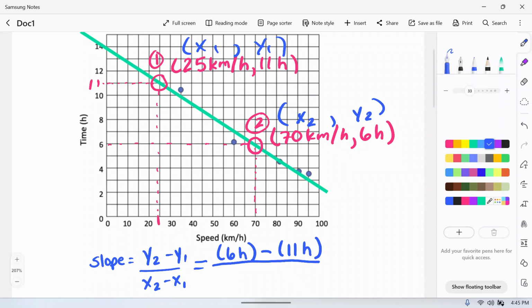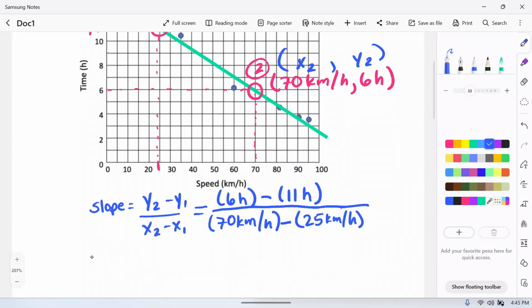And then on the bottom, x2 is 70 kilometers per hour. Yes, you need to keep your units with your numbers, minus 25 kilometers per hour. So I show that plugged in, and then I plug into my calculator.